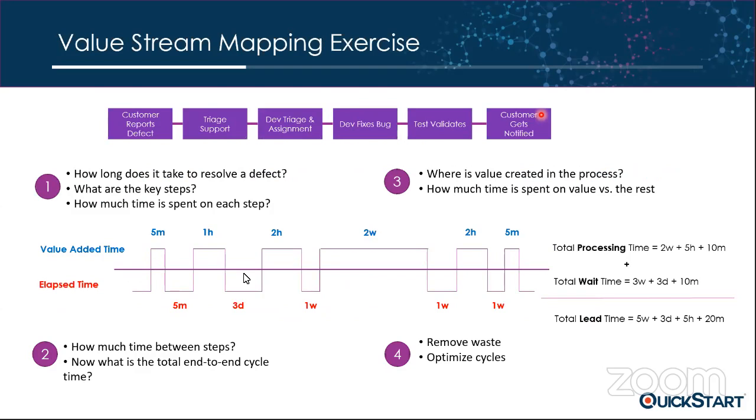I see there's a question. What is a value stream network? What are the nodes and lines? Okay, excellent. Let me go back over here. So the network, yes, we could really say that it's a network.